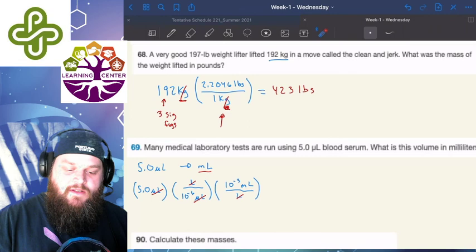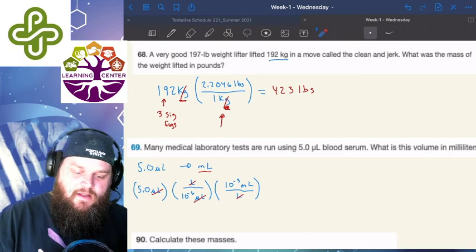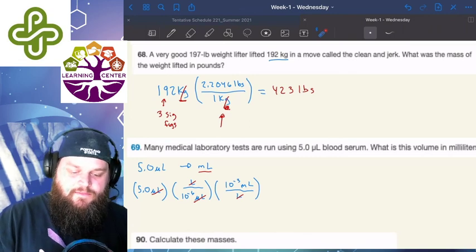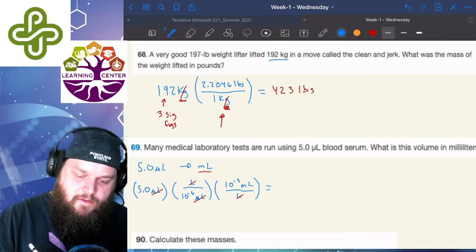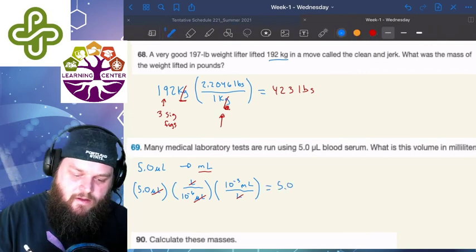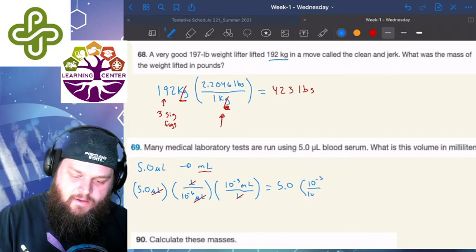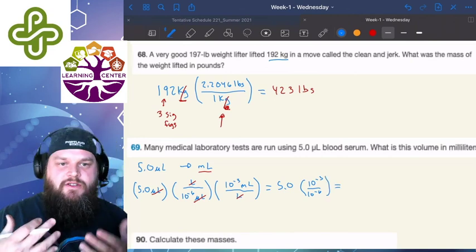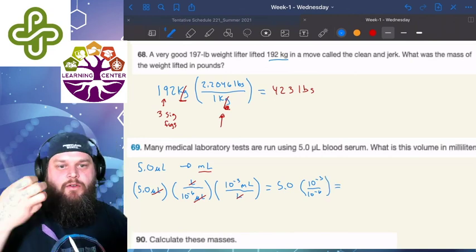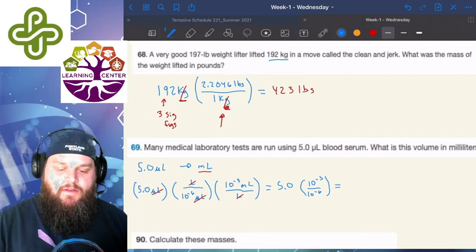And you see the ultimate result of this is, I'll write it out here, this is basically 5.0 times 10 to the negative 3 over 10 to the negative 6. And when we do that fraction, we take the exponent of the numerator, subtract the exponent of the denominator.